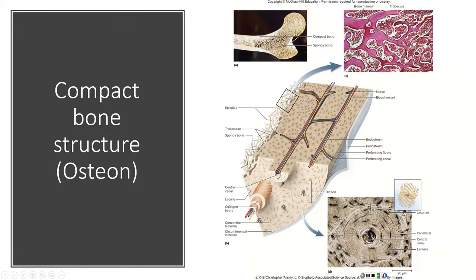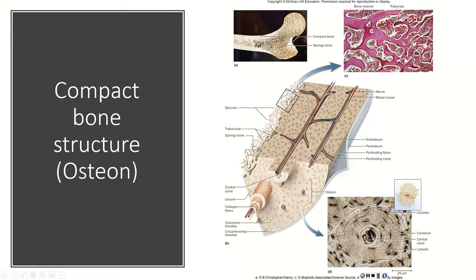Now, we also have something called Volkmann's canals, or perforating canals. Those Volkmann's canals actually run across the bone, and they connect neighboring Haversian canals.